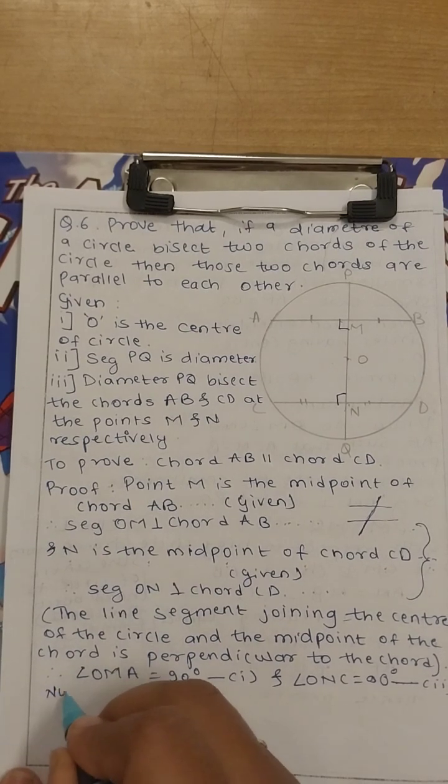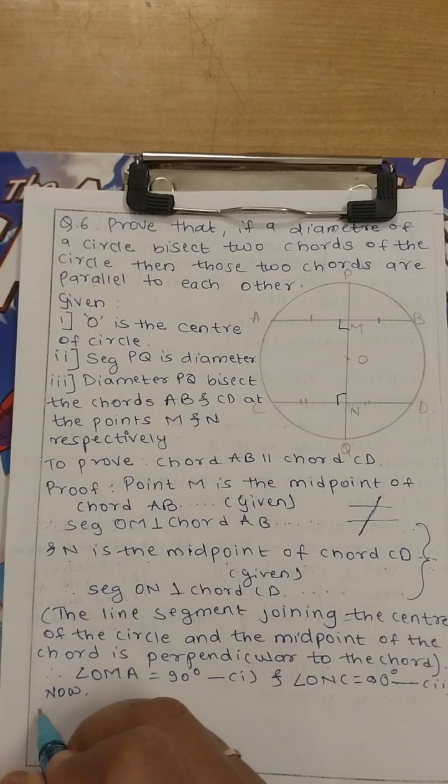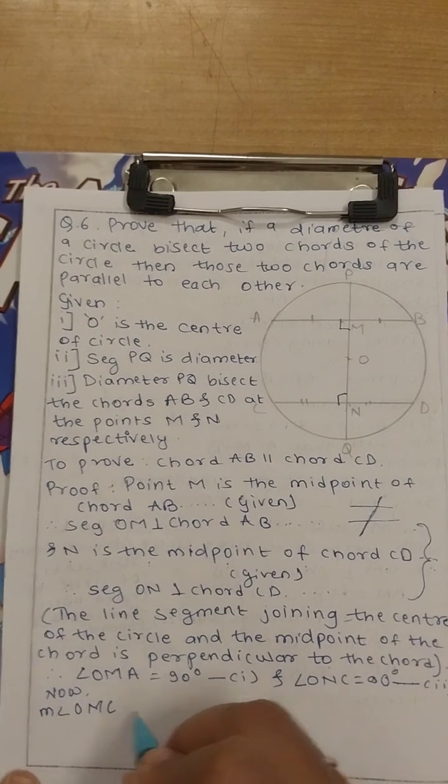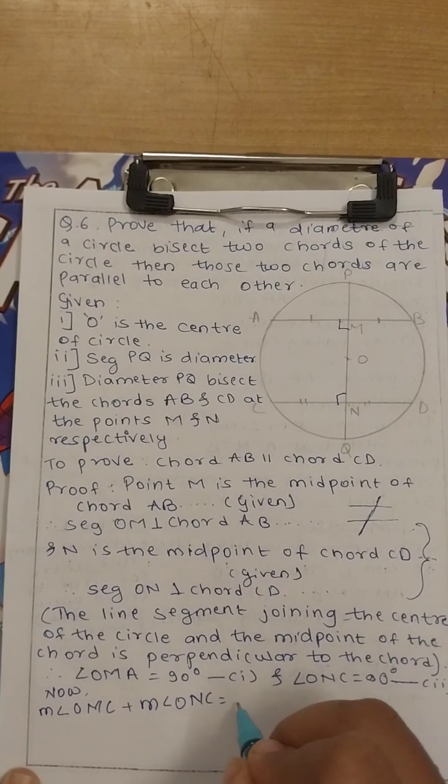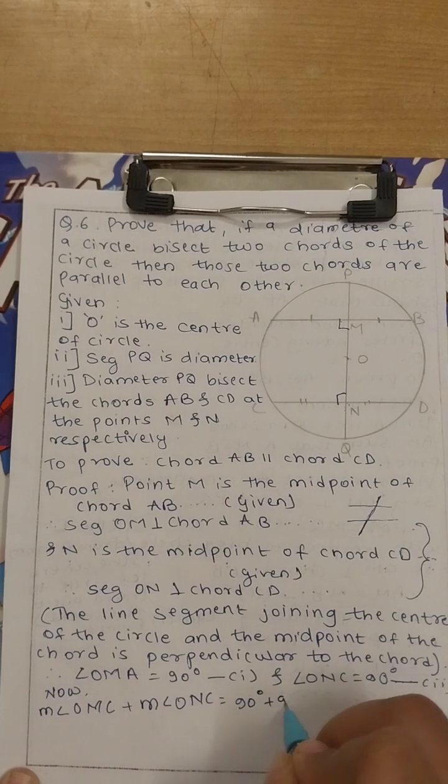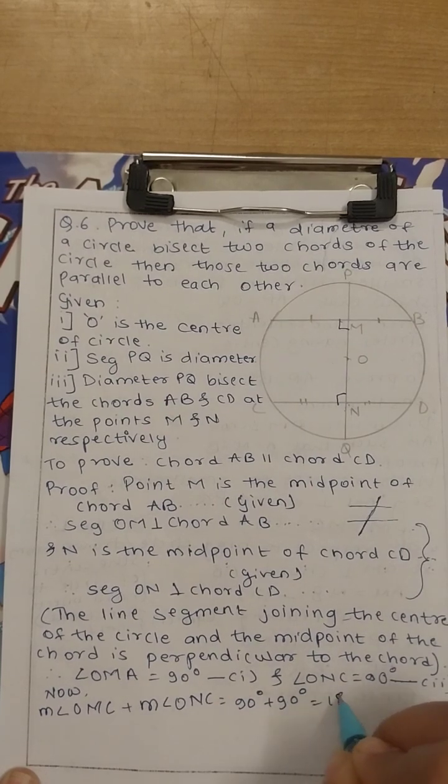Now, measure of angle OMC plus measure of angle ONC is equal to 90 degrees plus 90 degrees, which is equal to 180 degrees.